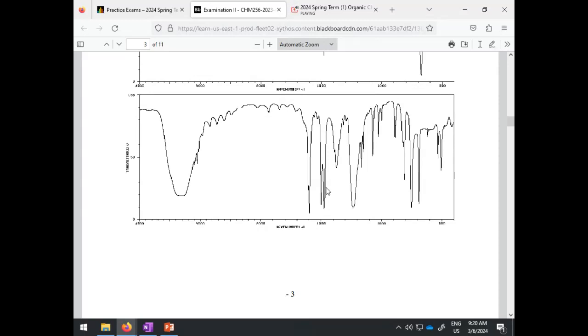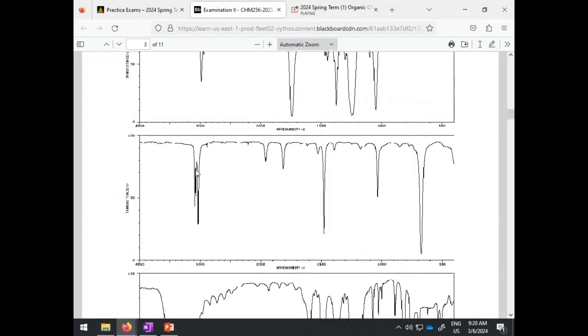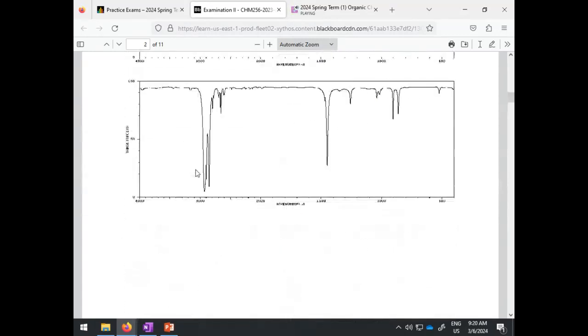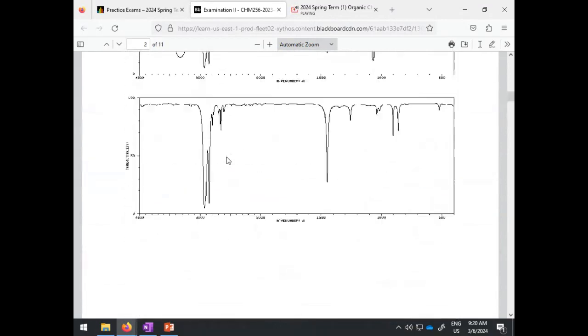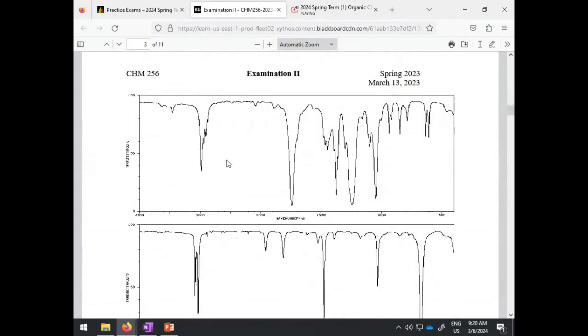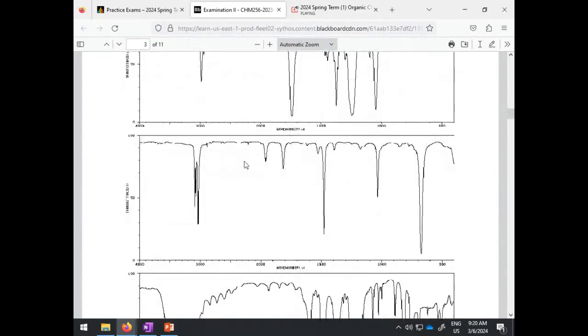If phenol is one of the options, then this one should be phenol, because phenol has the sp2 CO and also the OH bond. So that is how you approach this kind of question. If your compound has an OH group, those middle three certainly cannot be it. Absolutely cannot, because they don't have OH, so you don't have an intense and broad OH peak.